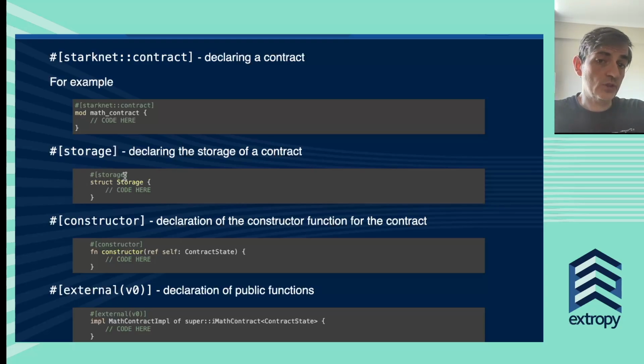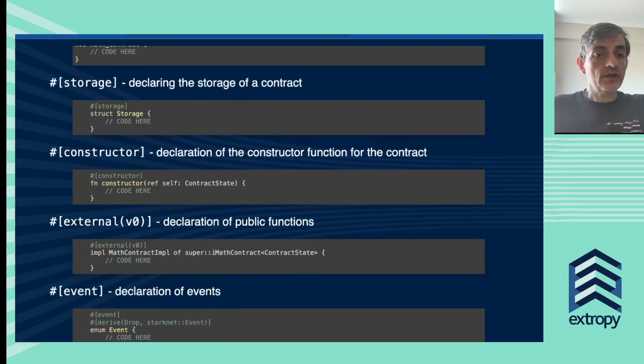We can also have a constructor. This is something that we can use to initialize the state of our contract. You can see the constructor attribute there being added to a function, so that function will run when the contract is deployed.